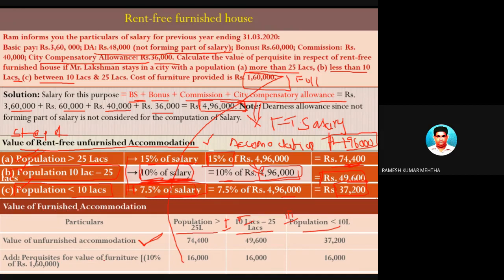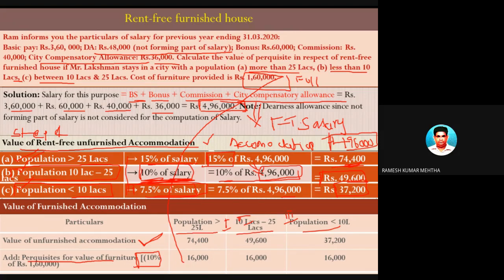That is called the perquisite for the value of furniture: the benefit the employee is getting from the furniture. This is calculated at 10% of the value of the furniture for the full year. So here the value of the furniture is 1,60,000 rupees.